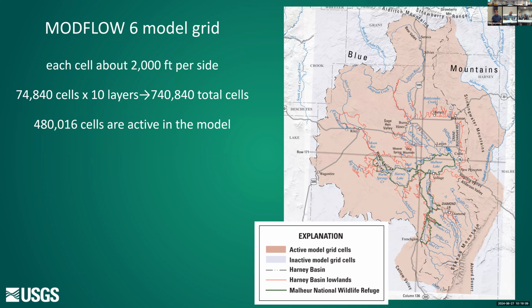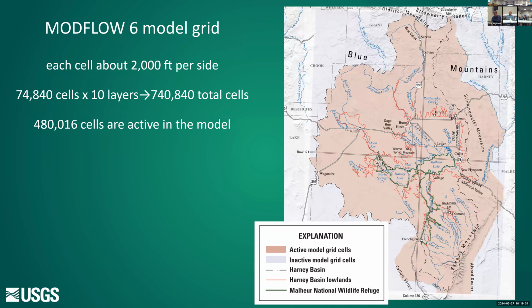And then actually, some of these cells are outside the boundary of the model because we had to make a square mesh, but we're only interested in the ones inside the basin. So we end up with about 480,000 active little boxes in this model that we have to solve the equations for.